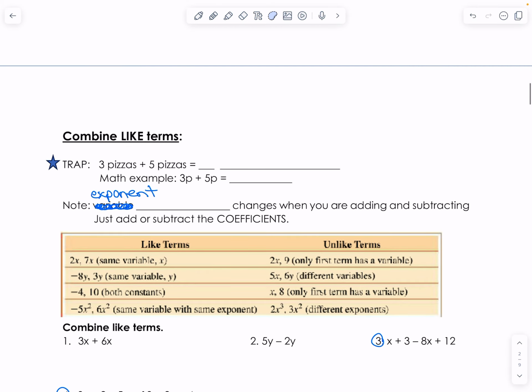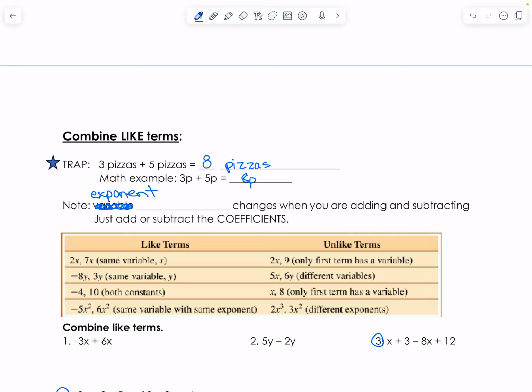So one of the main traps that some people mess up with is they start dealing with exponents, start moving exponents around or changing exponents. If you have 3 pizzas and I give you 5 more pizzas, you have 8 pizzas. You don't have square pizzas. So 3p plus 5p is 8p. You do not have 8p squared.